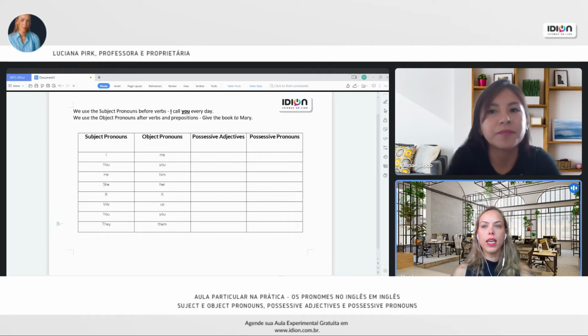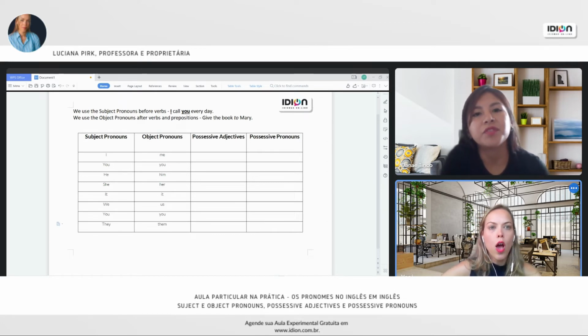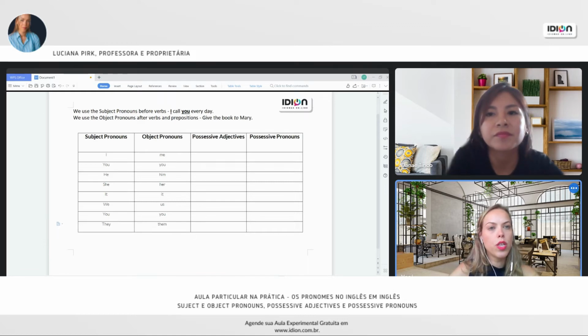So normally in a sentence, we see the subject and the object pronouns in different parts of the sentence. The subject always comes before the verb, doing the action, and the object pronouns always receive the action after the verbs and the prepositions. This is a rule to remember. When you see a preposition, you have to use the object pronouns.